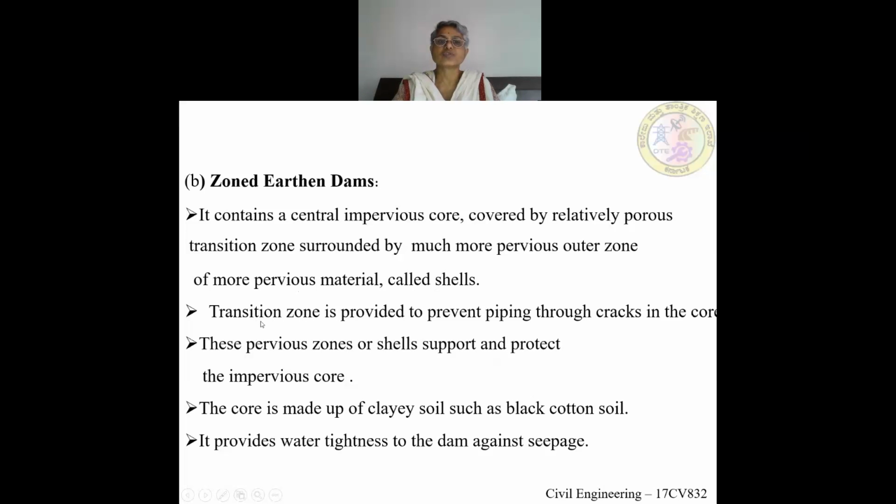The transition zone is provided to prevent piping through cracks in the core, so it will avoid water entering the core. These pervious zones, or shells, support and protect the impervious core, and the core is made up of clay soil such as black cotton soil. The core provides water tightness to the dam against seepage.